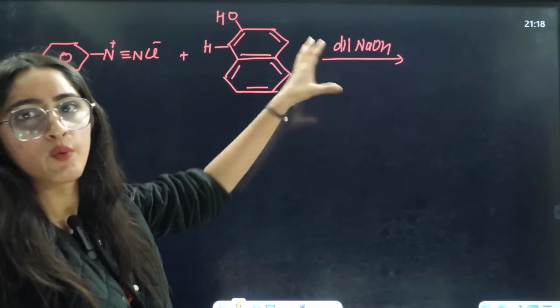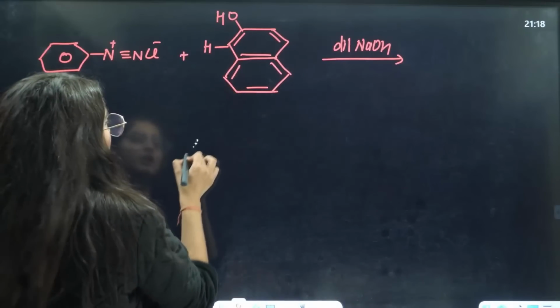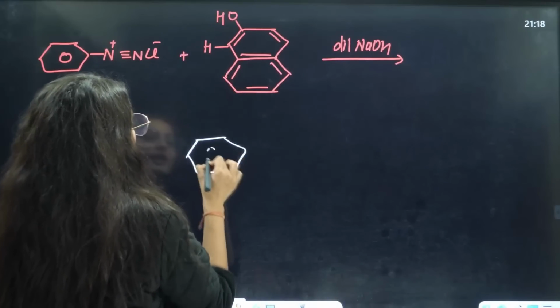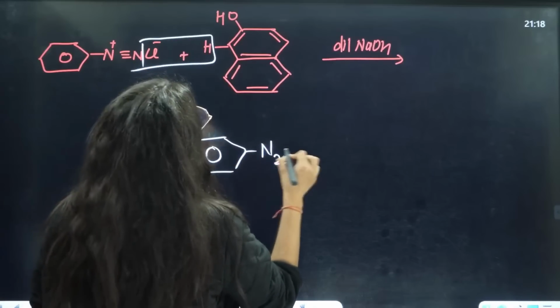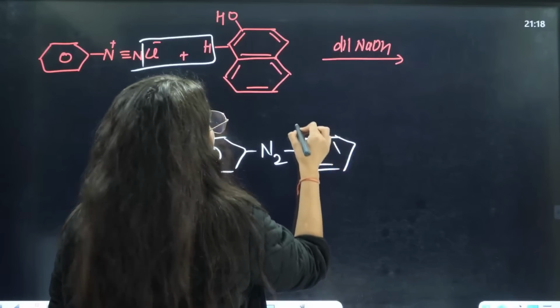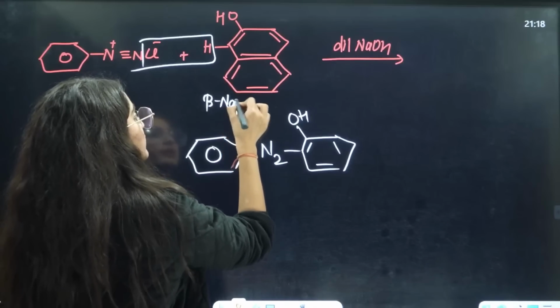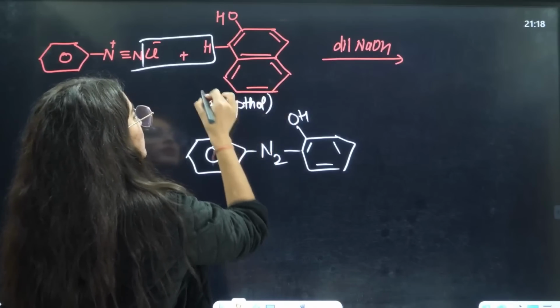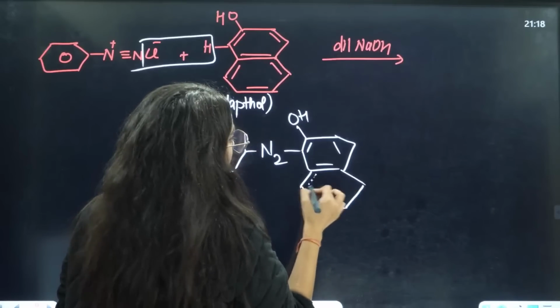I'll check what the color of the dye is. But I'll tell you what the reaction is, okay? So again this will be eliminated. Here you will have N2. This is your benzene. Here you will have O. This is basically beta-naphthol. This is beta-naphthol, okay? And here you will have your benzene ring.